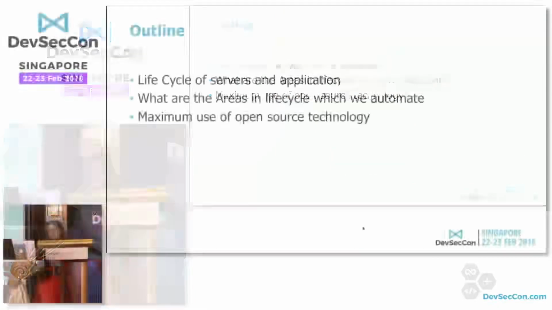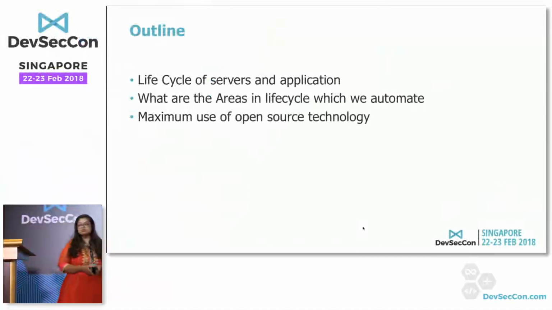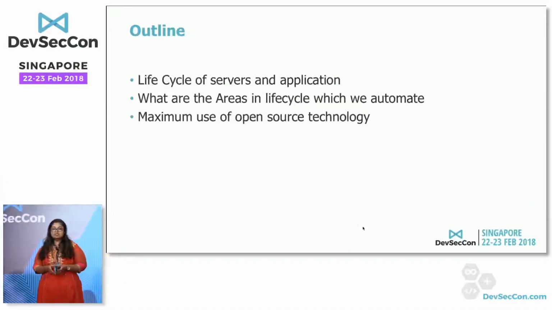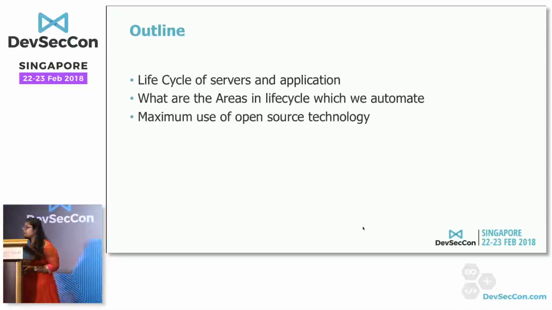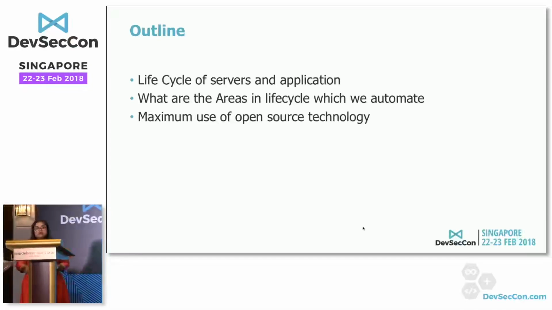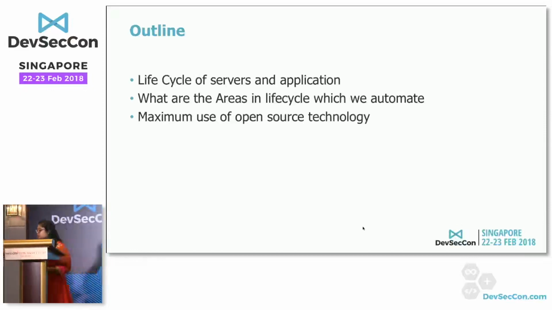So when we talk about cloud, the first thing that comes into our mind is Amazon. Amazon provides those SaaS services, but they don't provide security as a service right now. So we have to take care of security and access for all the servers, instances, S3 buckets, and IAM users.